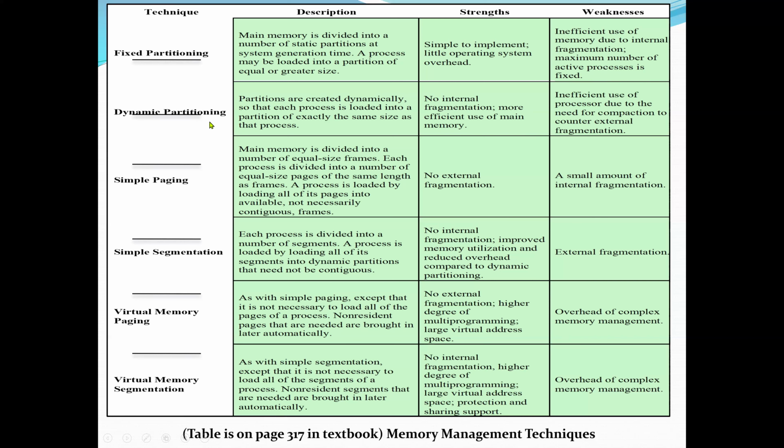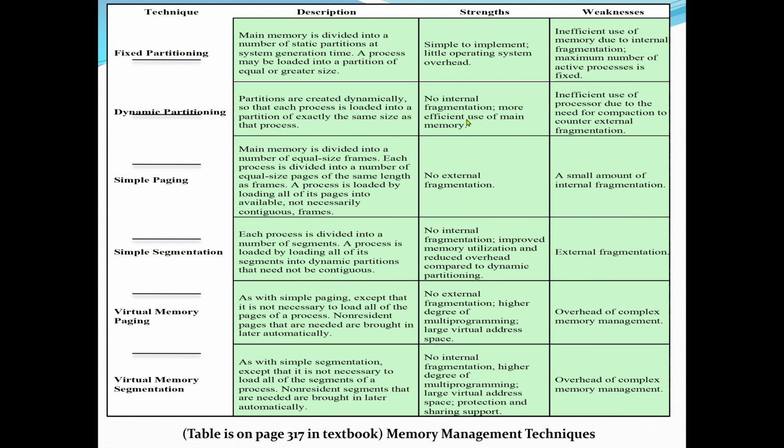Now, dynamic partitioning is better, where partitions are created dynamically. Again, the partition concept is dividing. So if we say we partition our memory, it means we are dividing it into some specific sizes. So in dynamic partitioning, partitions are created dynamically so that each process is loaded into a partition of exactly the same size as that process.